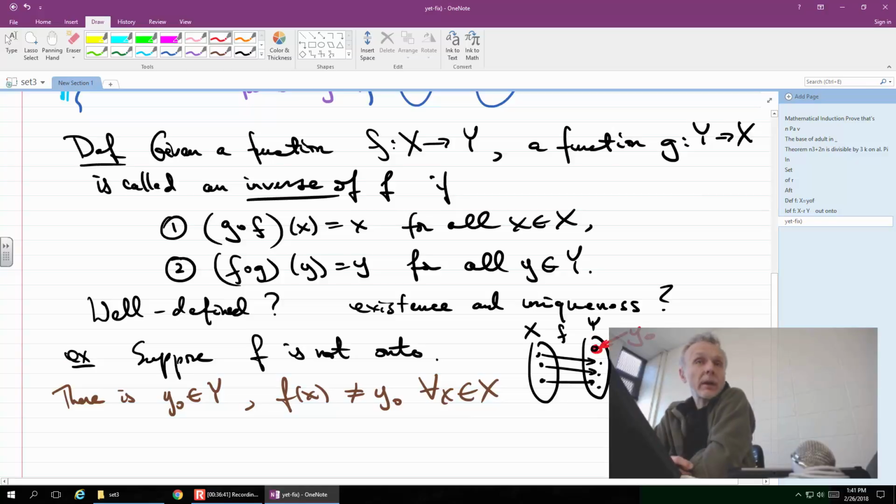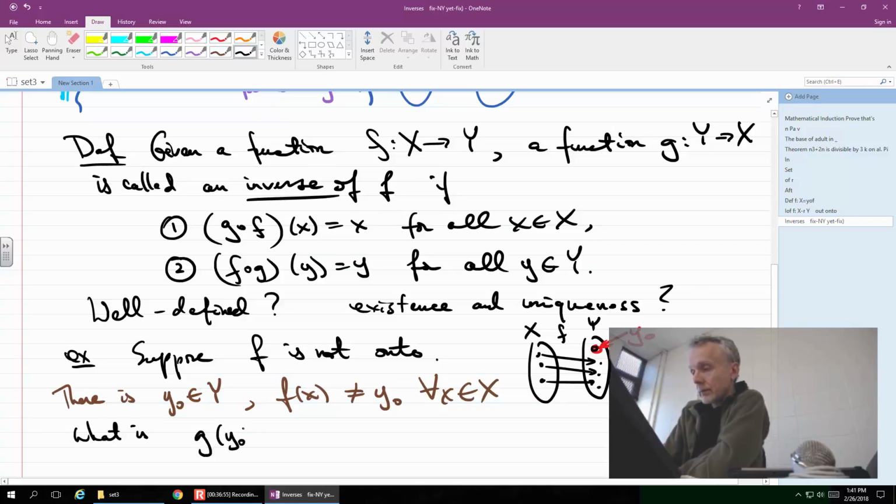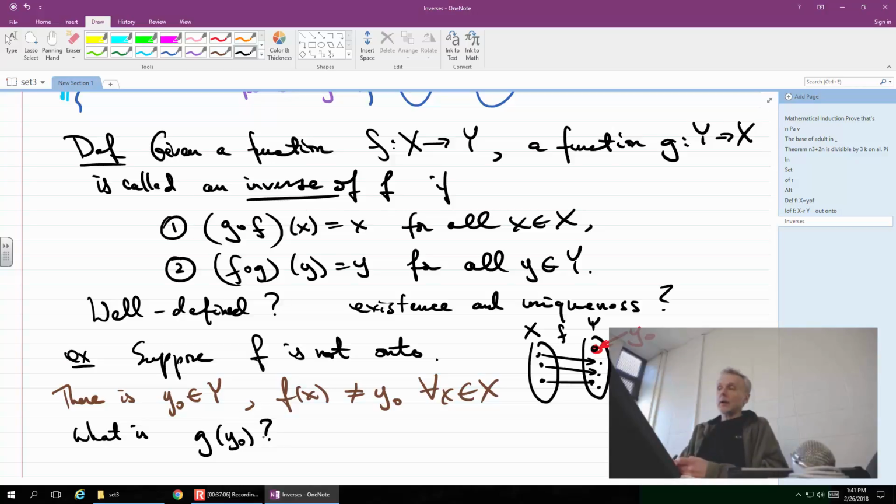There is some element in Y which is not covered. Then the question becomes, what is the value of g of y naught? It is not dictated by f because, as you can see, there is no arrow arriving from X to y naught.